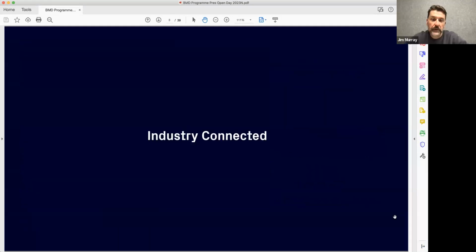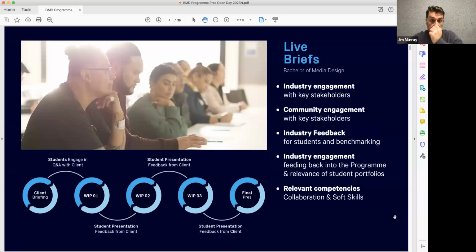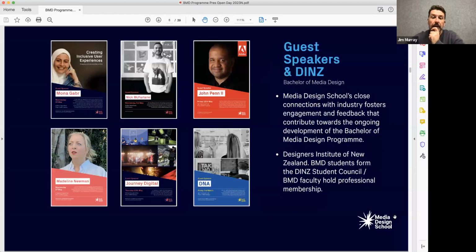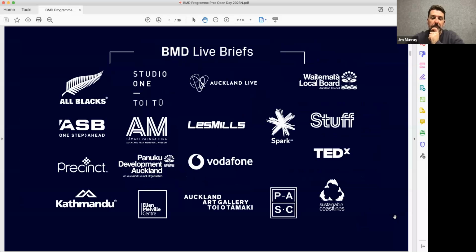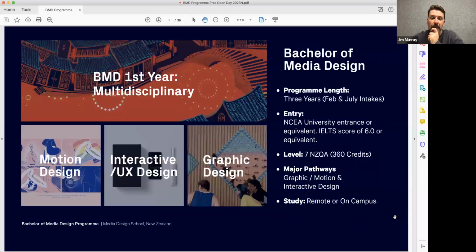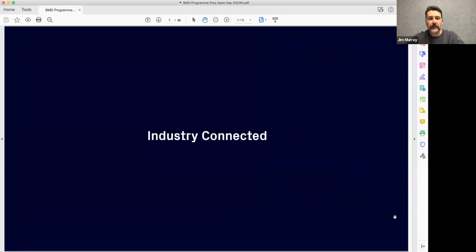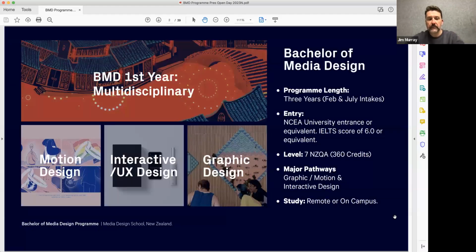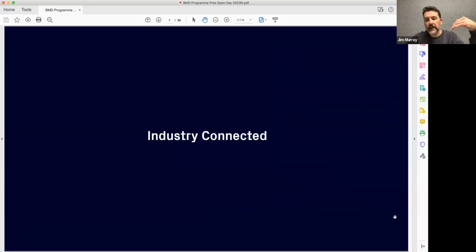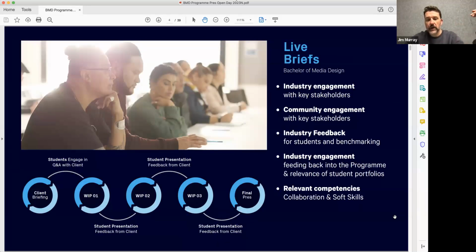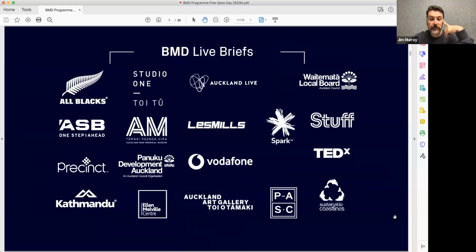Okay, so I'll just skip through to where I was. Just because you've missed most of this, I'll go over it very quickly. The first year, multidisciplinary; second year, motion design, interactive and graphic design. Industry connected was just showing a graphic in terms of how that work in progress flow happens.